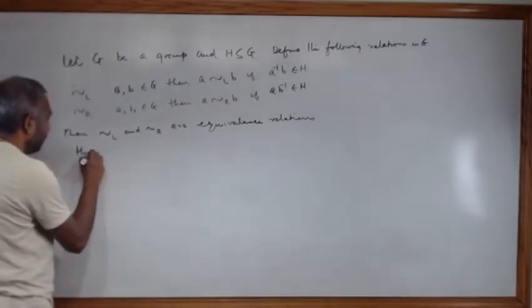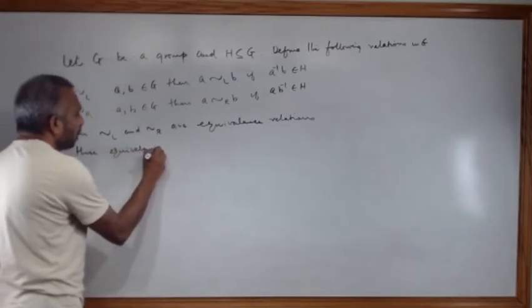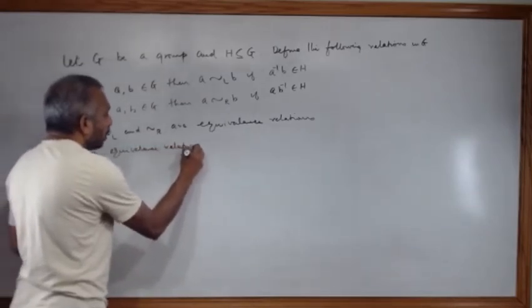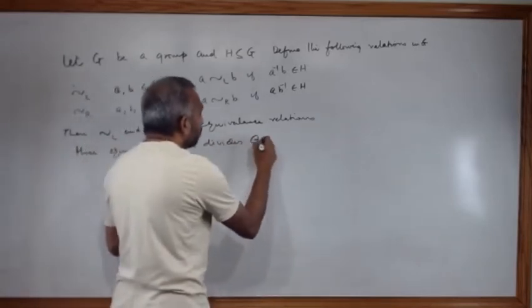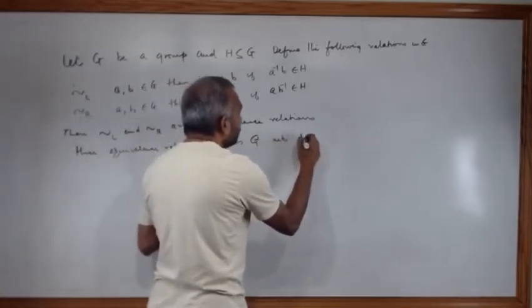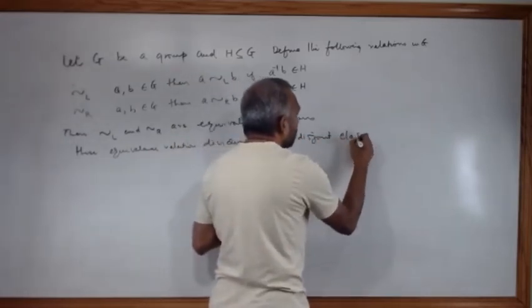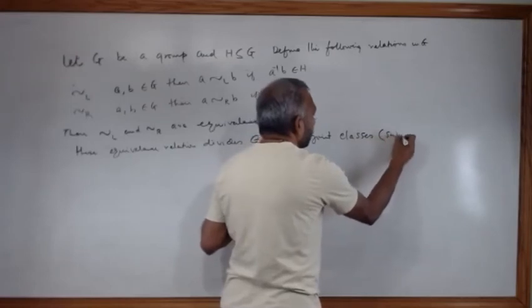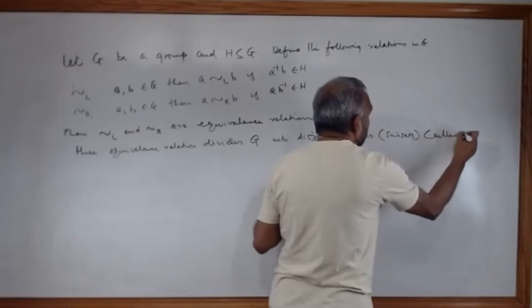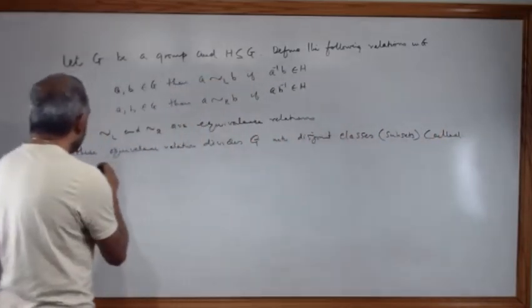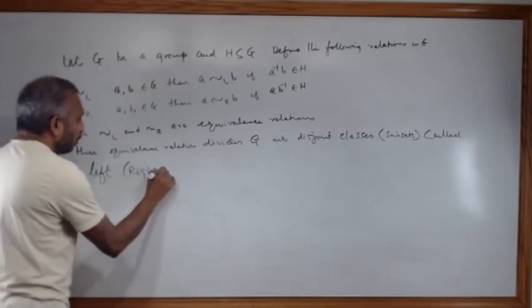These equivalence relations divide G into disjoint classes, subsets, left or right cosets.